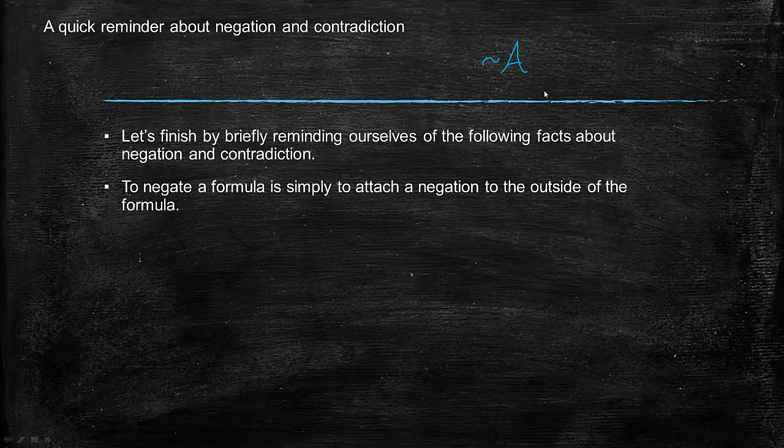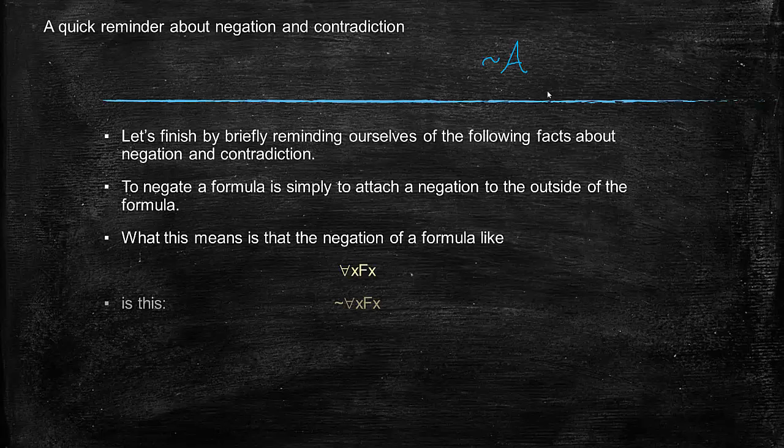Now, I think this probably sounds pretty obvious, but let's apply this to predicate logic. If you have a formula like for all x, fx, how would you negate that formula? Well, the answer is you put a negation on it. So it's not the case that for all x, fx.